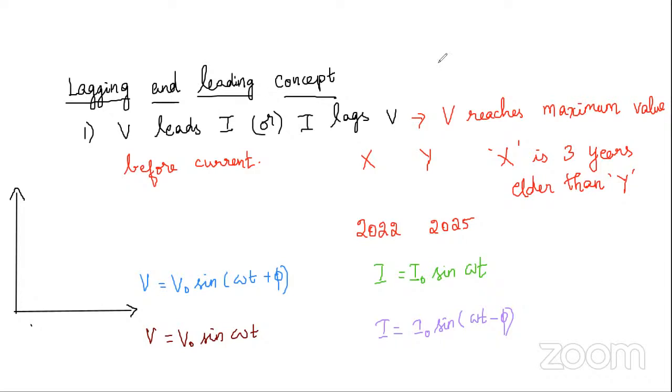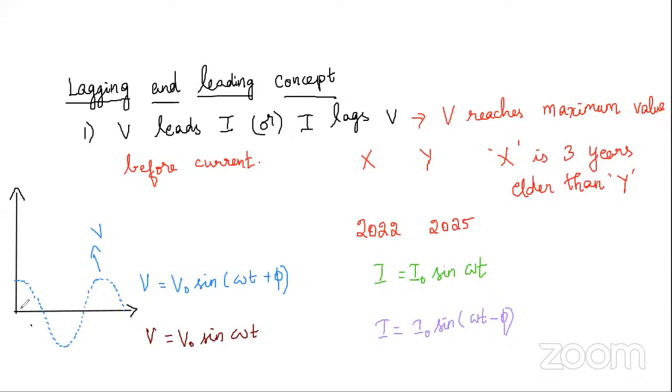So here I am representing voltage by this dotted line. This is the voltage here, so this is actually V. In this case, how does your current vary here?